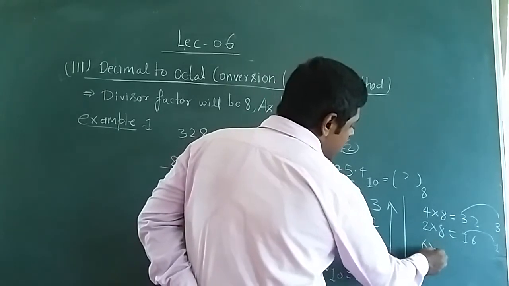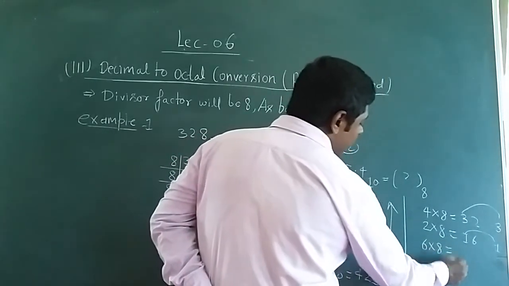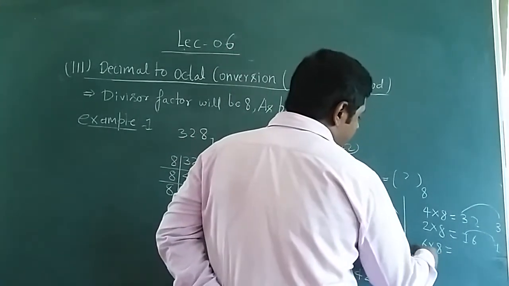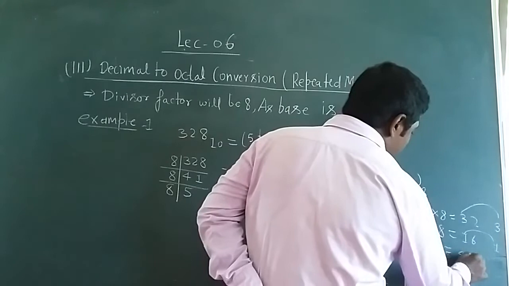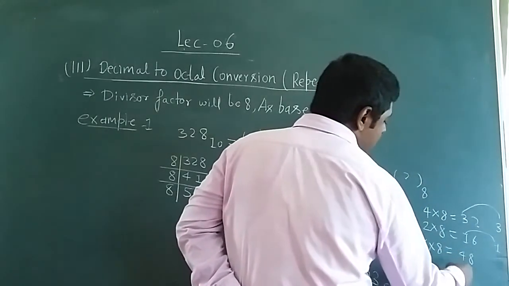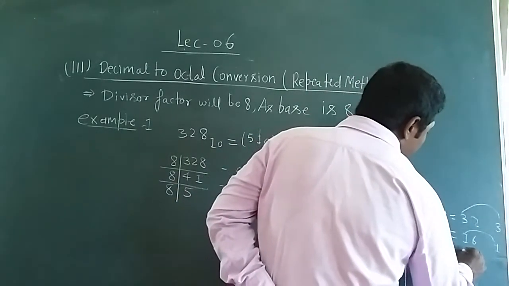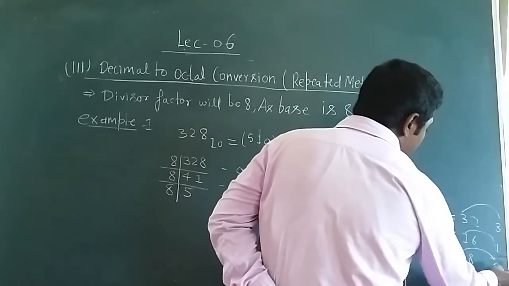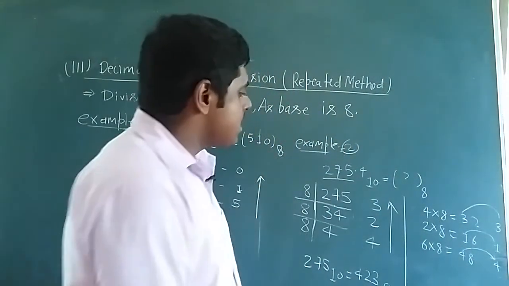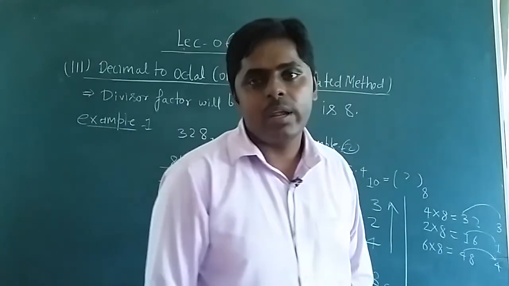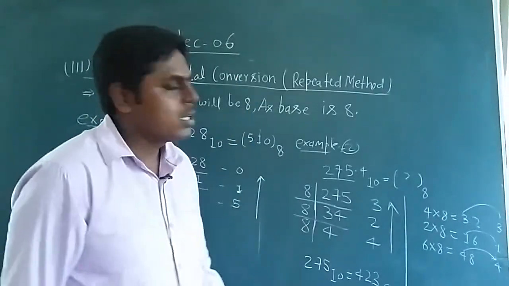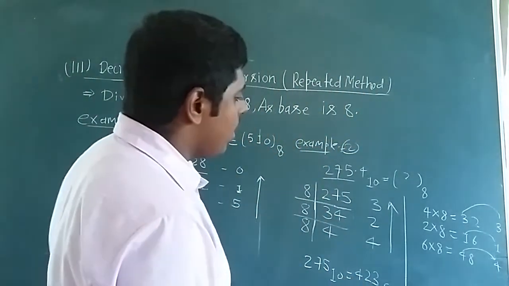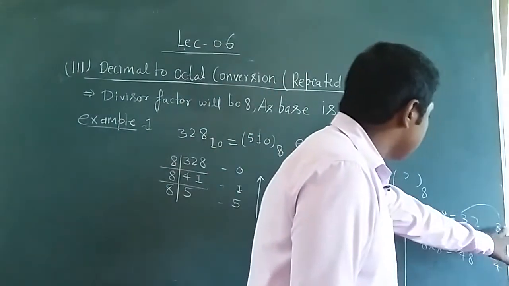Okay, 6 into 8, and what I will get here is 48. From 48 I will write 4 here. Likewise it will go on. So what I have got here is 314.